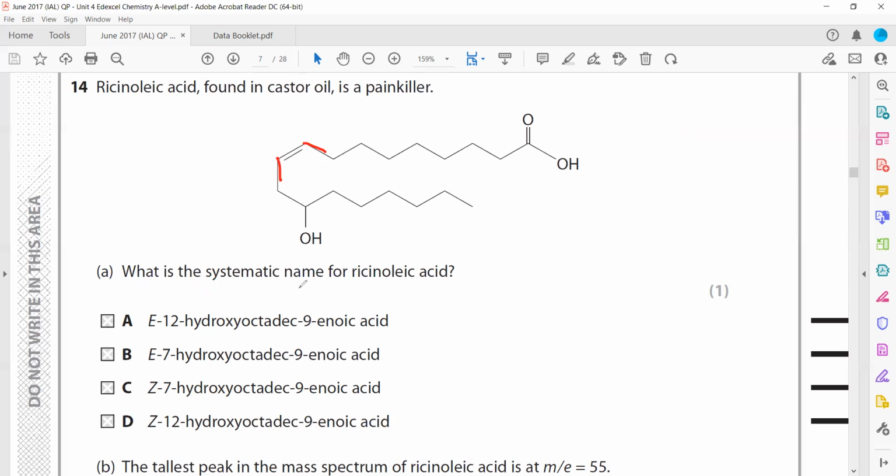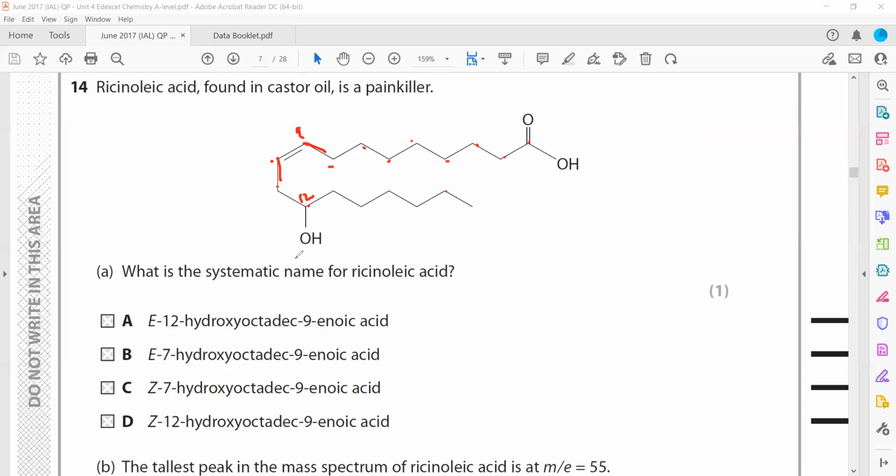Now, what is the name? If I count the carbon atoms, one, two, three, because this is the first, since the functional groups are carboxylic acid and alcohol, we give priority to the carboxylic acid. So one, two, three, four, five, six, seven, eight, the ninth carbon is having a double bond. Then 10, 11, 12, at the 12th position we have OH.